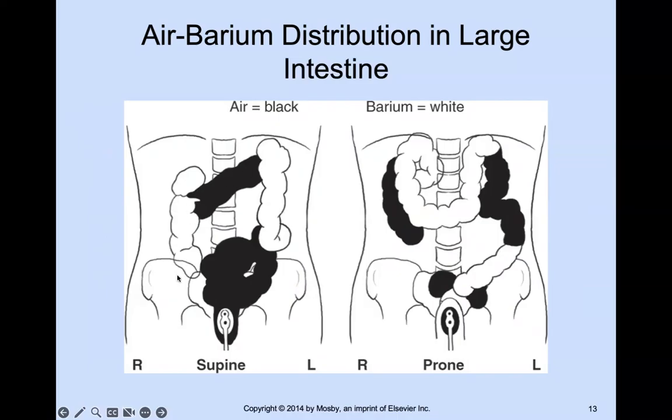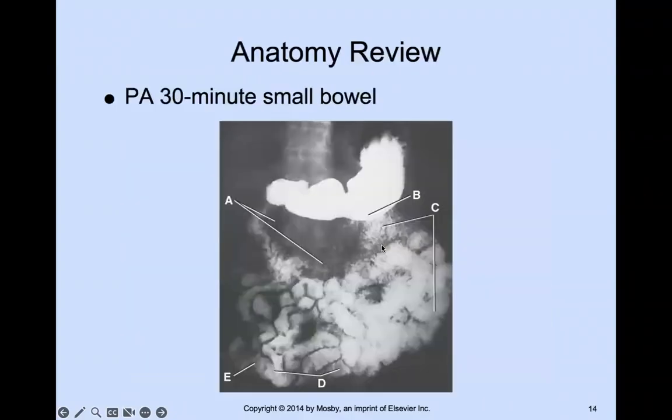So that is why we're seeing barium in the ascending and descending colon. This is with our patient prone. As you can see how the transverse colon kind of folds and comes anteriorly and then folds back again. Okay, so patient is prone, laying on their stomach with barium in the transverse colon.